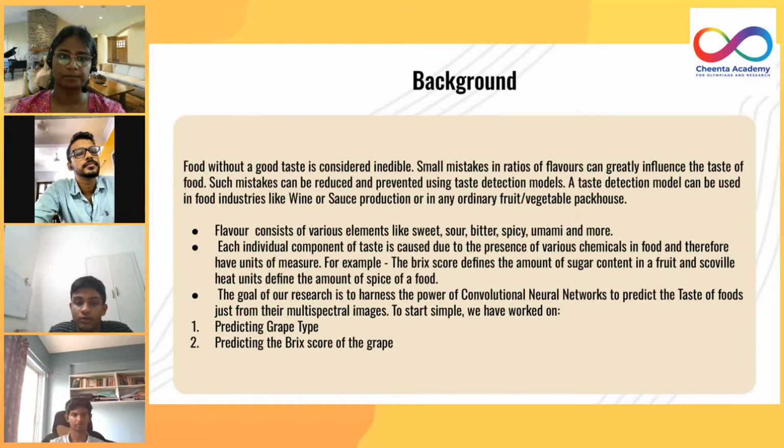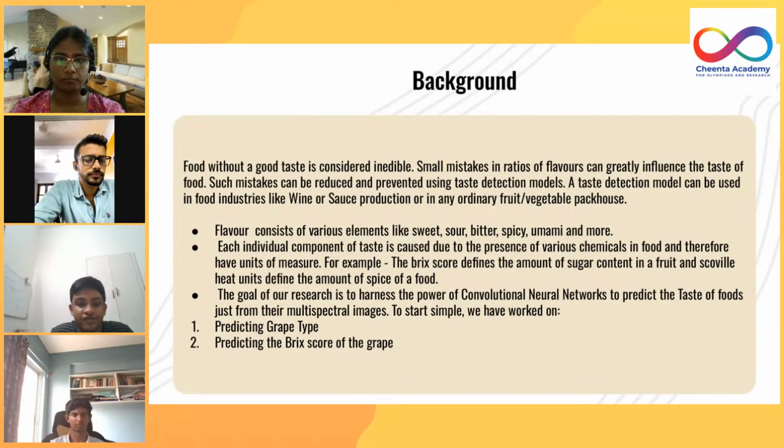Now we talk about the background of this project. Food without a good taste is considered inedible. Small mistakes in the ratios of flavors can greatly influence the taste of food. Such mistakes can be reduced and prevented using taste detection models. A taste detection model can be used in food industries like wine or sauce production, or any ordinary fruit or vegetable pack house.